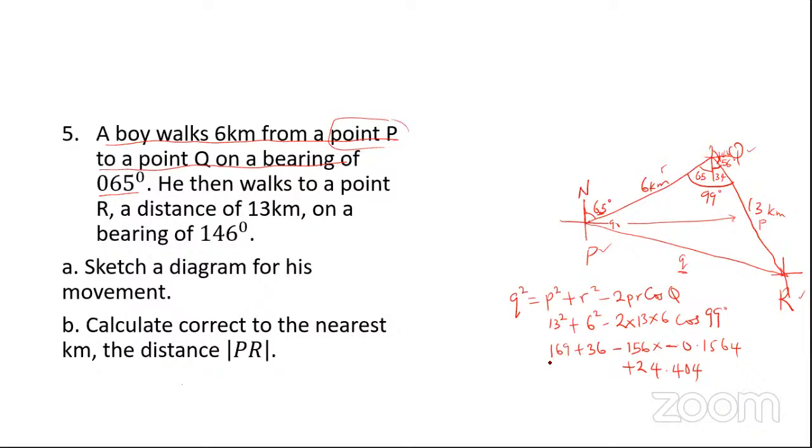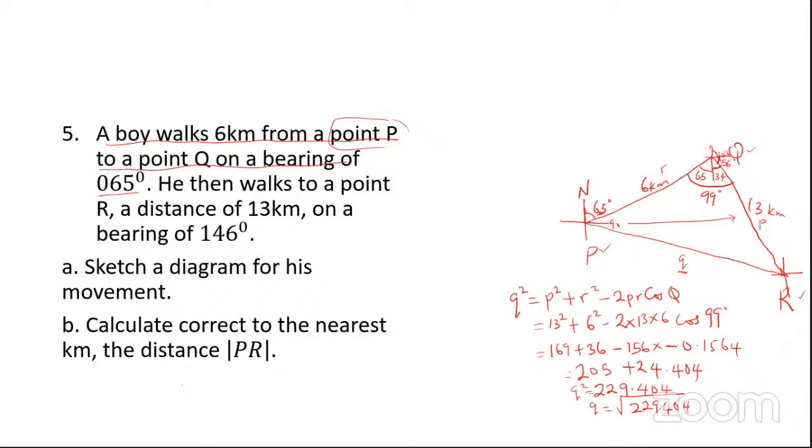Then when you add 169 plus 36, it will give us 205. Add 205 to 24, it will give us 229.404. So that's our q squared. But we are looking for q. That will be the square root of 229.404.